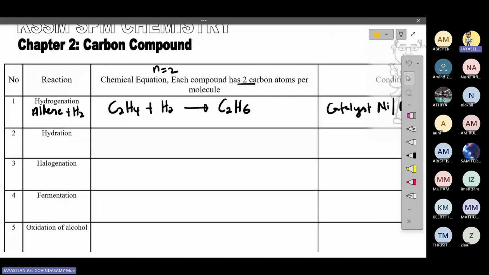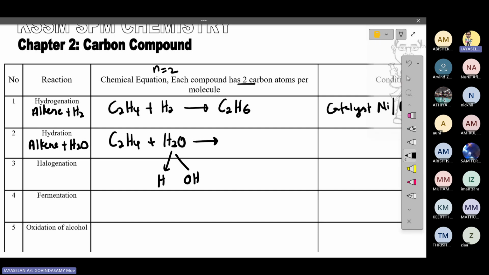Hydration means you take alkene reacted with steam, water. We take C2H4 reacted with steam. What will you get? Take out H, take out OH, put here: C2H5OH. You will get alcohol.